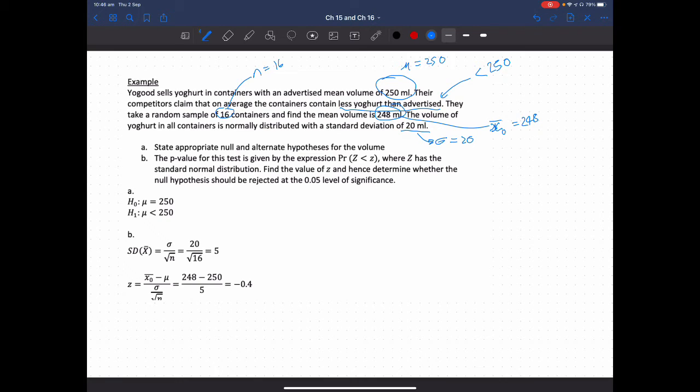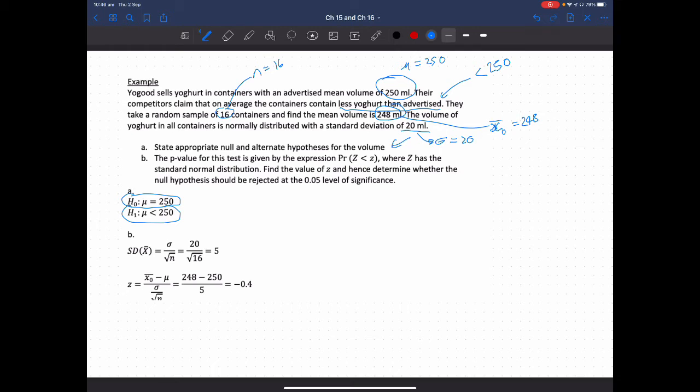State an appropriate null and alternate hypothesis for the volume. So the null hypothesis is mu is 250, which means the alternate hypothesis, mu is less than 250.